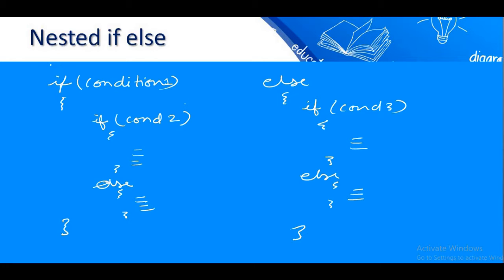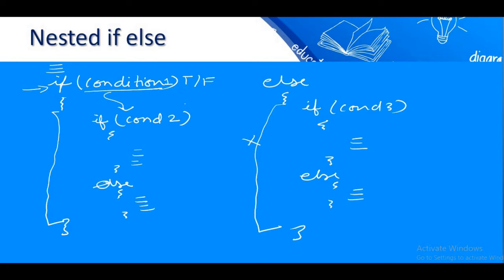So what will happen if in a program there are some statements that are executing and suddenly this if comes. First of all the program will check this condition 1, and then there are two possibilities: either the condition will be true or the condition will be false. Suppose the condition is true, then we will come inside this particular block, and this else block will be completely ignored. The control will never go inside this else statement if this condition 1 is true.